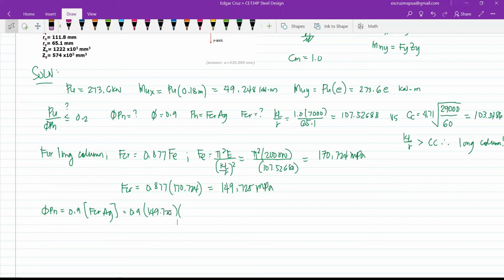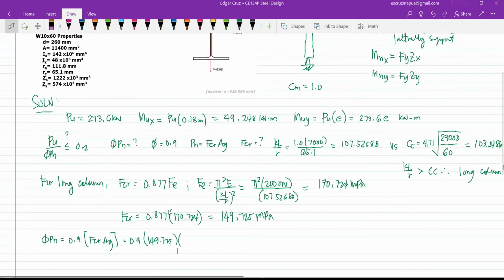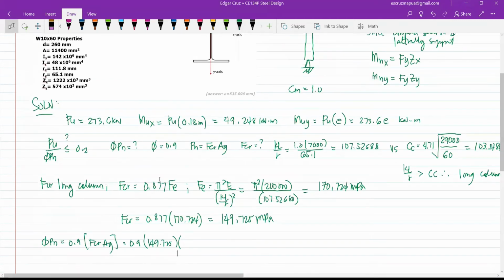AG is the section property from the given, 11,400. So from there, makukuha mo yung phi PN, 1536.192.